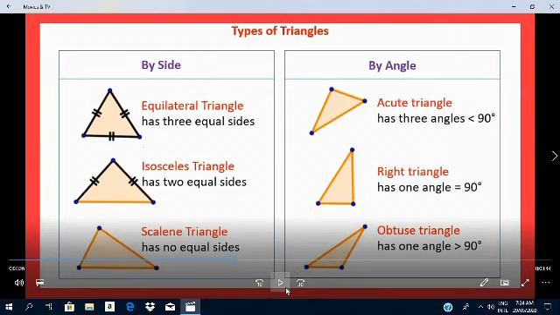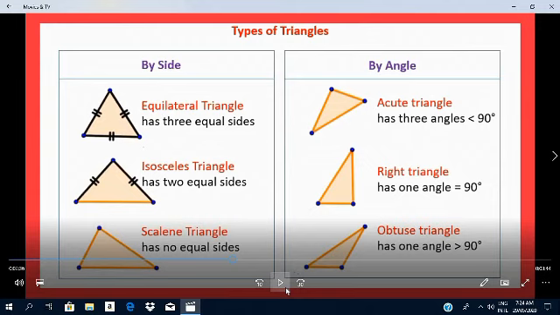Now let's go over to identify them using the amount of angles in them. An acute triangle has three angles less than 90 degrees. Now, the degree is the unit for measuring angles.